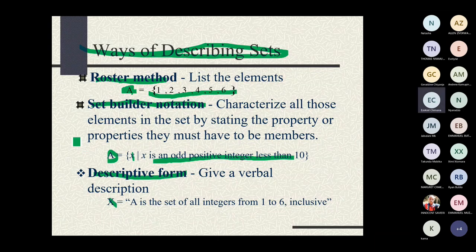For example, set A is the set of all integers from 1 to 6 inclusive. Inclusive means we consider all the integers from 1 to 6, including the boundaries 1 and 6, so we start from 1 and go up to 6, with 6 included.